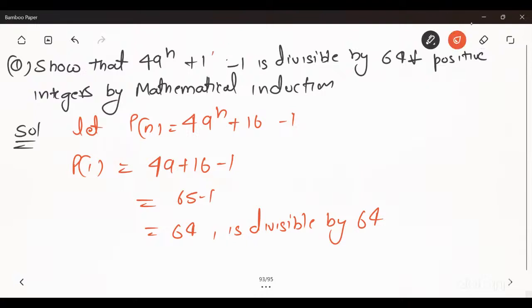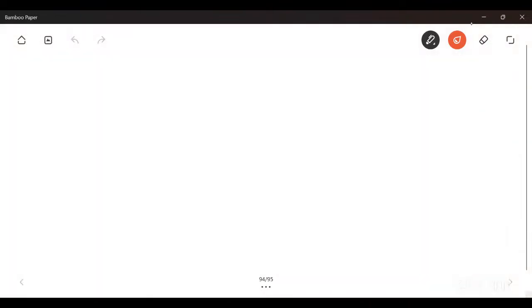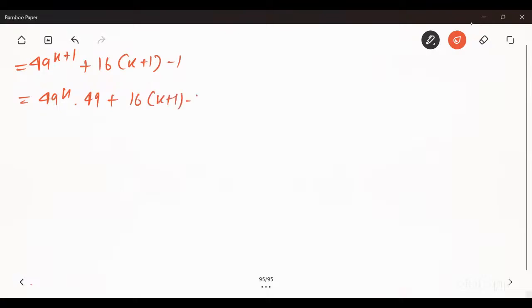Wait, just wait. Here k is in the power. I have written it wrong. 16 to the power n, so 16 to the power n minus 1. So 16 to the power k plus 1 minus 1. So you can break it into 49 to the power k into 49 plus 16 to the power k plus 1 minus 1.